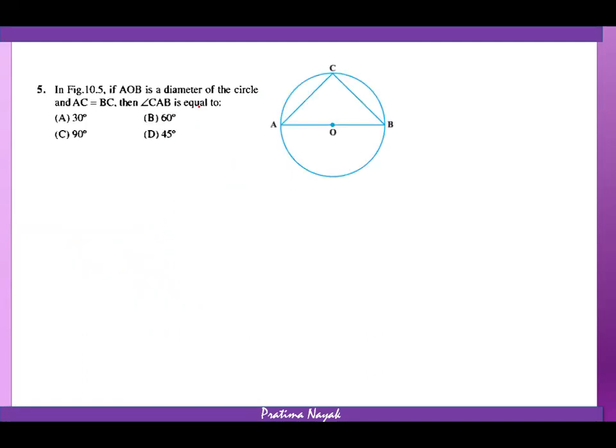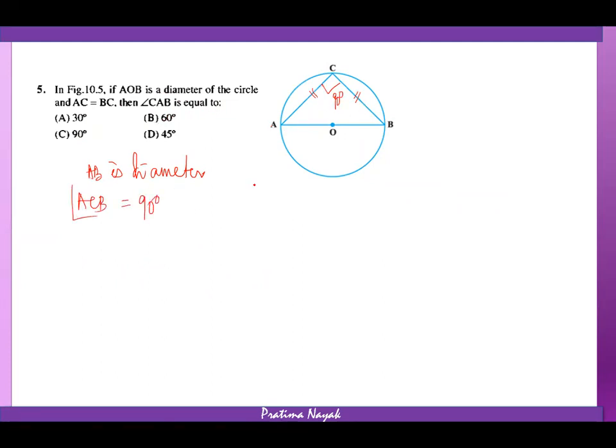Next, AB is the diameter, AC is equal to BC. Then CAB angle is equal to 30 degree, 60 degree, 90 degree, 45 degree. When AB is the diameter, you can immediately think that ACB is equal to 90 degree.